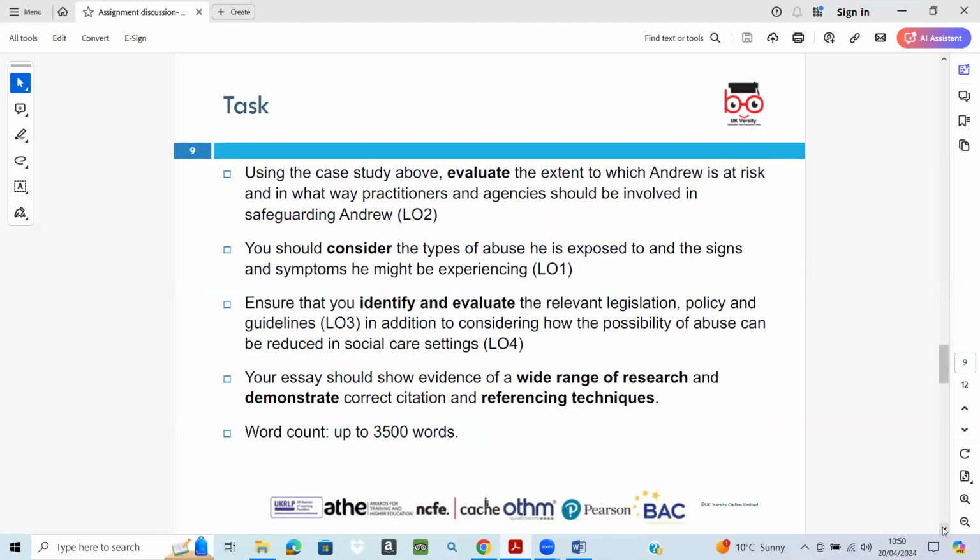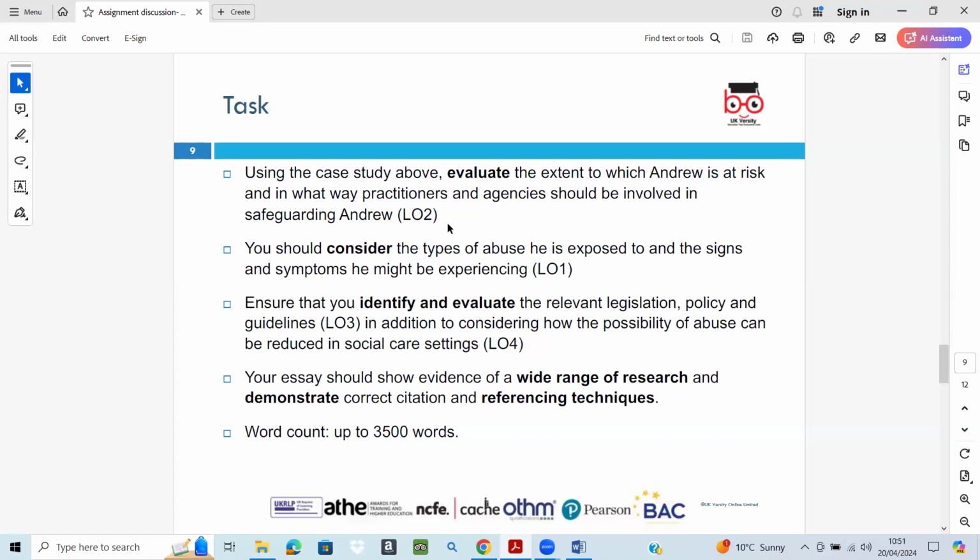Then the task. Using the case study above, we need to evaluate the extent to which Andrew is at risk and in what way practitioners and agencies should be involved in safeguarding Andrew. This is related to learning outcome 2. We always go in a sequence. First, we will answer learning outcome 1, 2, 3, 4.